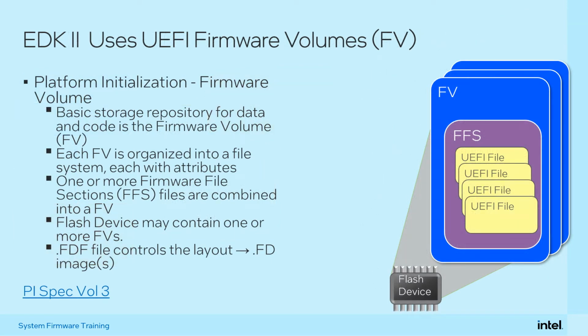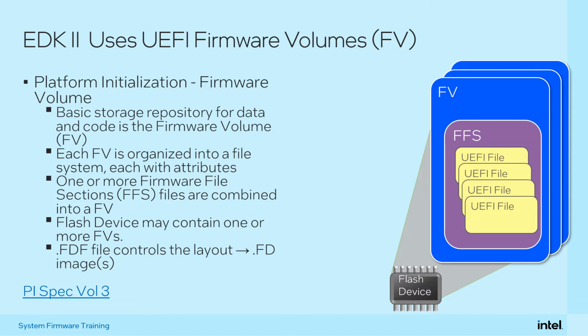In order to separate modules in different boot stages, EDK2 has standardized the firmware layout using UEFI firmware volumes. The Platform Initialization specification from the UEFI org has the firmware volume specification in Volume 3 of the PI spec. The basic storage repository for data and code is the firmware volume.